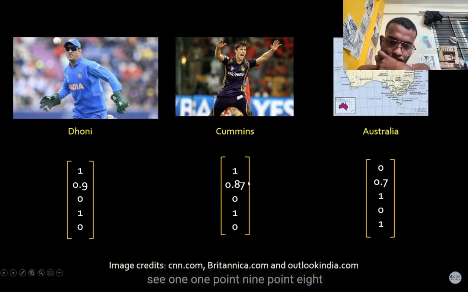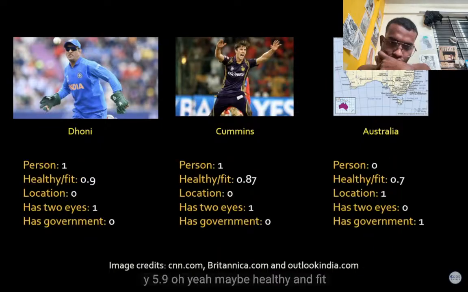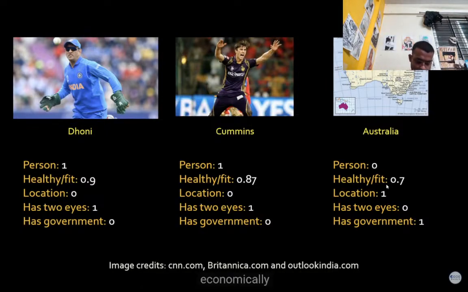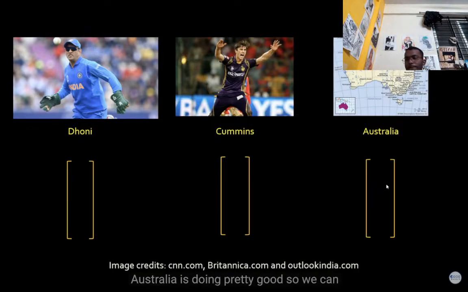See, 1, 0.9, 0.87, but Cummins and Australia are not similar, or Dhoni and Australia are not similar, because see 1, 0, 0.9, 0.7, yeah, of course 0.9, 0.7. Why 0.9? Oh yeah, maybe healthy and fit meaning for a country is if the country is healthy economically. Australia is doing pretty good, so we can say 0.7.